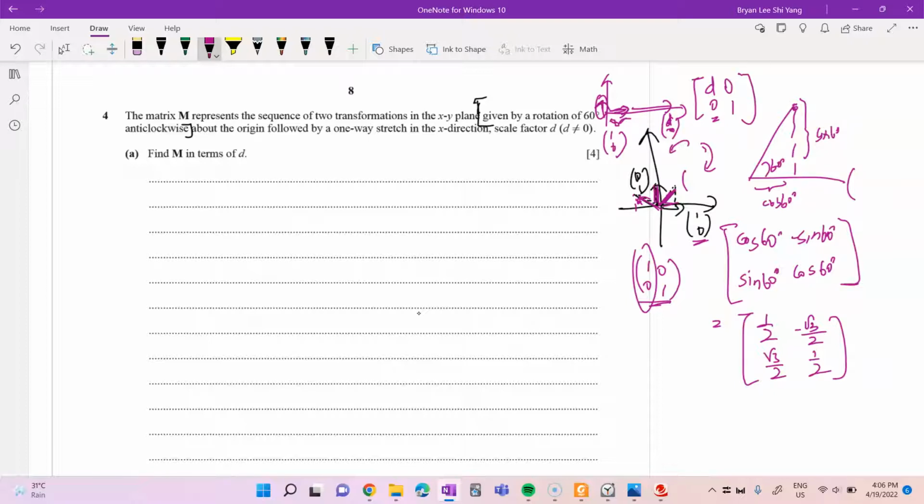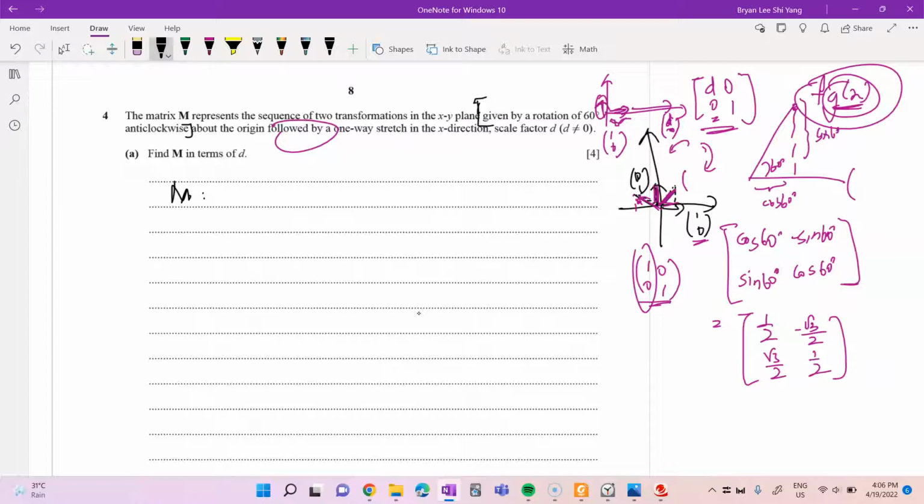And then note that this is followed by, so this would be the outer one. If you remember something like f(g(x)), g(x) would be the inner one and f would be the outer one. So we need to find M in terms of d.